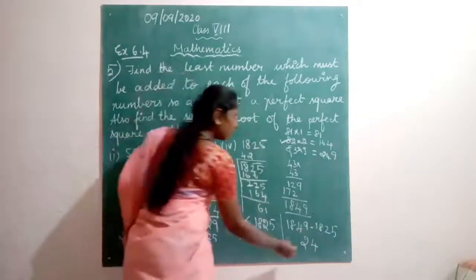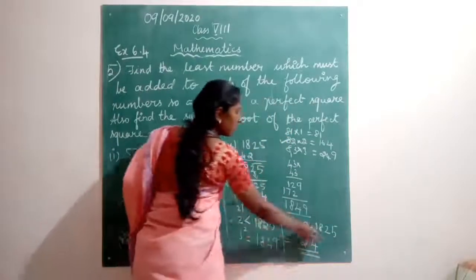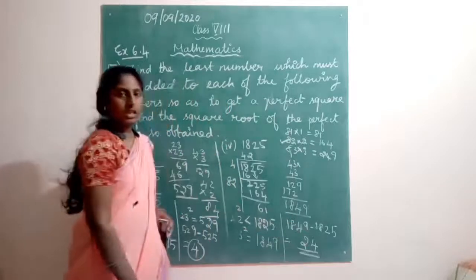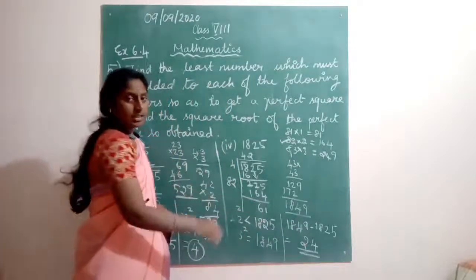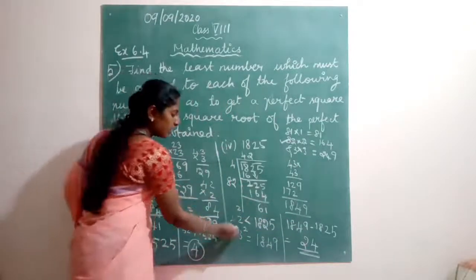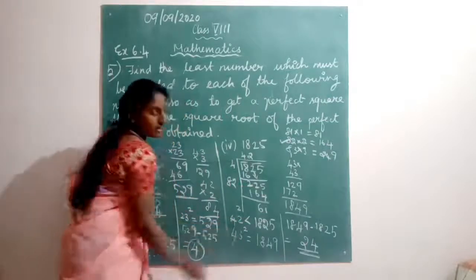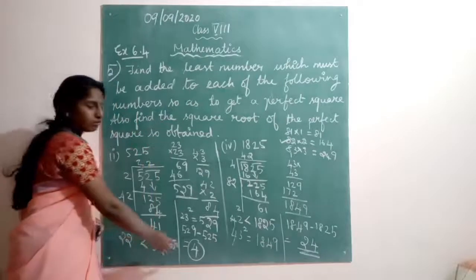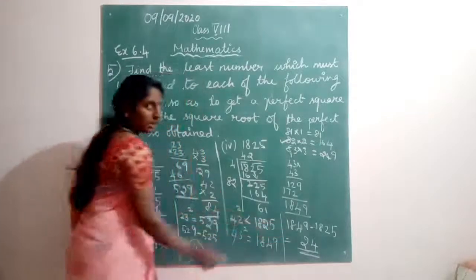So 24 should be added to 1825 so that you will get 1849, and the square root of 1849 is 43. Understood? For this question you will be adding 4, and for this question you will be adding 24.